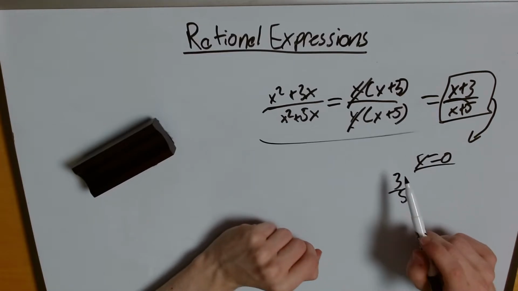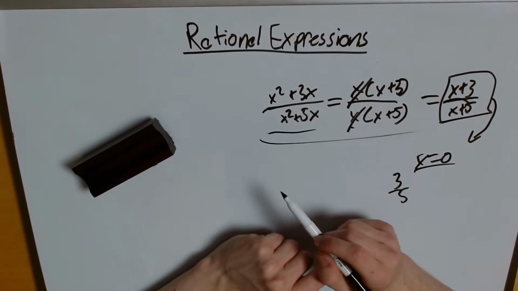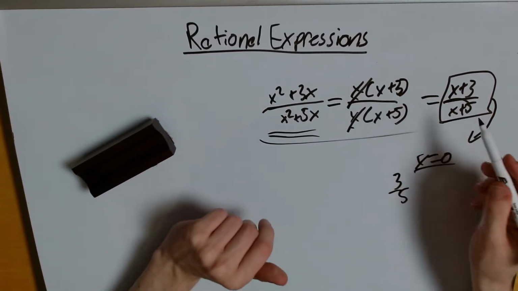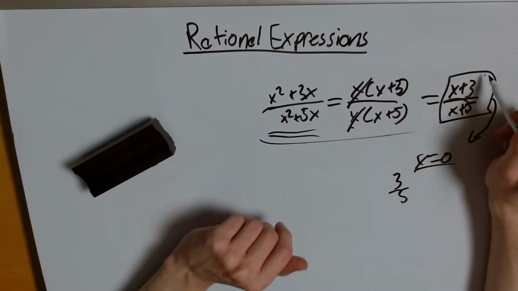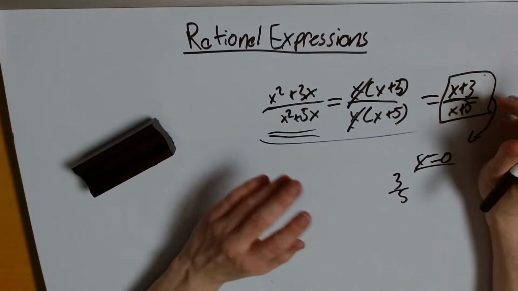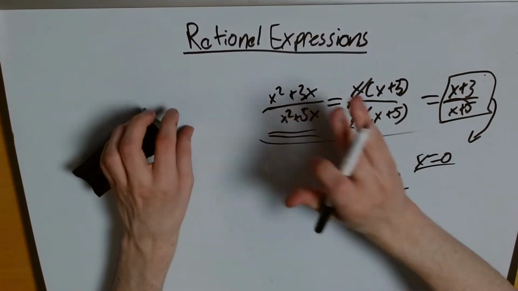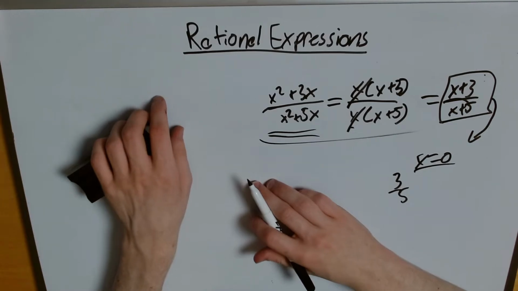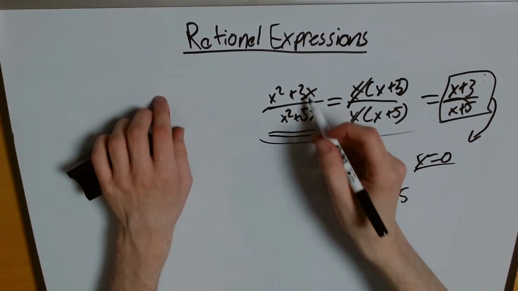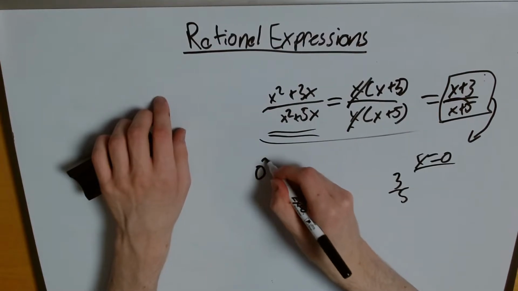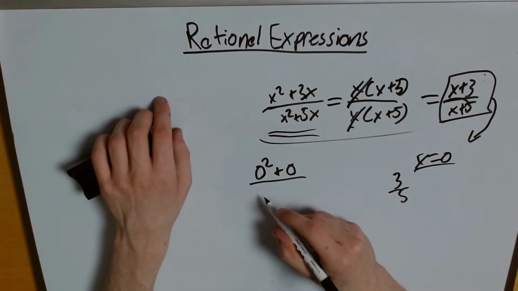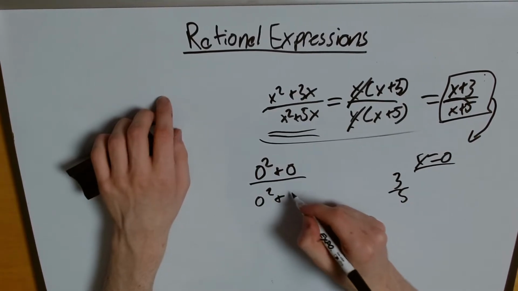Not so. If we go back into the original expression, which by all accounts should be identical in terms of values produced to this simplified expression, because remember, simplifying doesn't change the value of the expression, we should get the same answer, right? We should get 3/5. Not true. I plug in 0 here, I get 0 squared plus 3 times 0, which is just 0, over 0 squared plus 5 times 0, which is just 0.